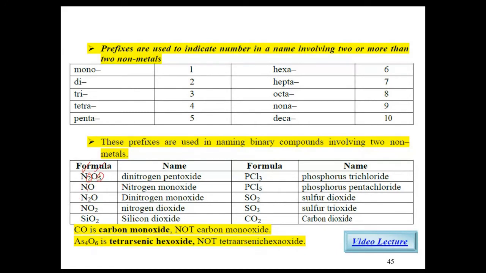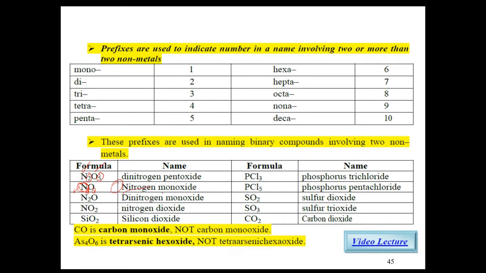Now next is here. How many nitrogen? 1. And oxygen 1. So the name should be mononitrogen monoxide. But if the first element has 1 atom, we will not write mono with the first. It should be mononitrogen monoxide, but nitrogen is first, so we will not write mono with nitrogen.